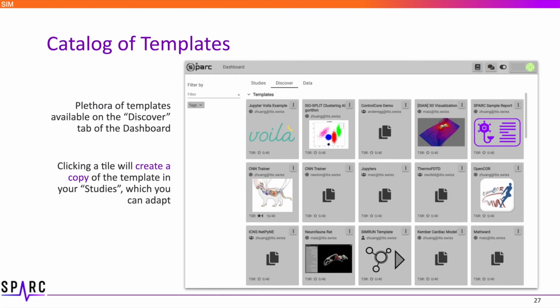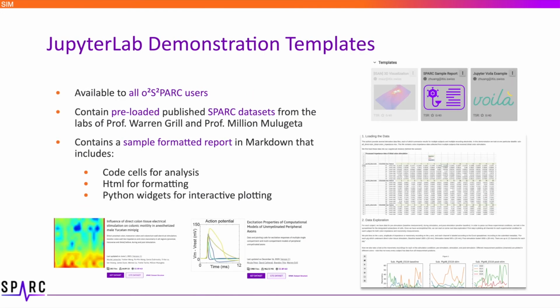Inside that template catalog, we have two particular ones that I want to highlight, and both of these are Jupyter Lab demonstrations available to all o²SPARC users. These come preloaded with published Spark datasets, and the two that we have here are from Professor Warren Grill and Professor Million Mulugeta, and they both contain sampled formatted reports in Markdown that include code for data analysis, HTML for formatting, and also Python widgets that allow you to do interactive plotting.